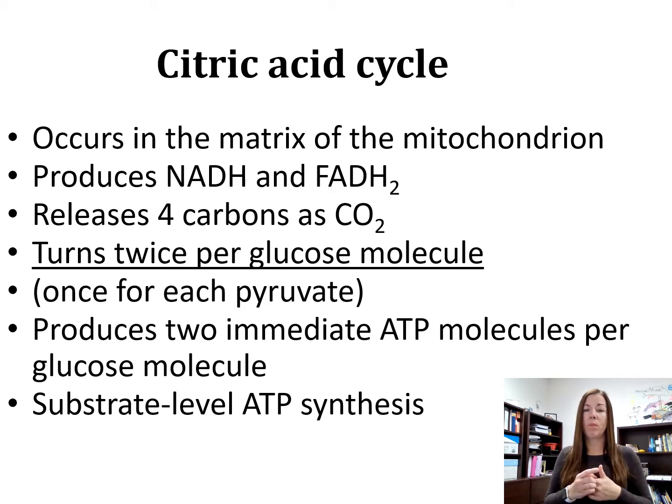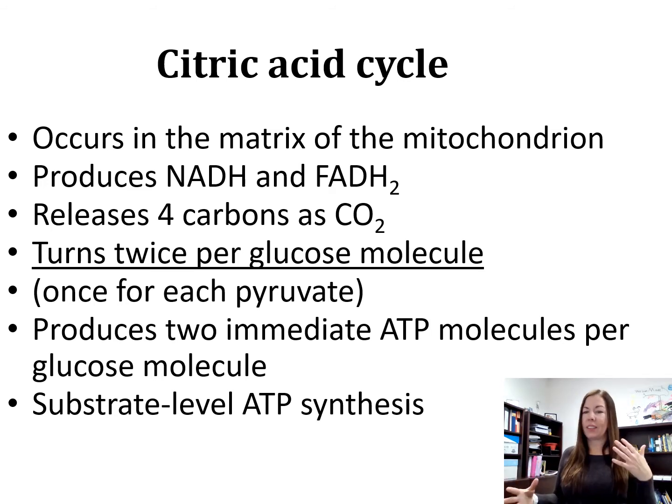So for the citric acid cycle, you're able to produce 2 ATP per glucose molecule. And so what happens is you're able to produce NADH and FADH, which are electron carriers. They're going to carry electrons to the last step of this process, and you're going to be able to basically produce 2 ATP.